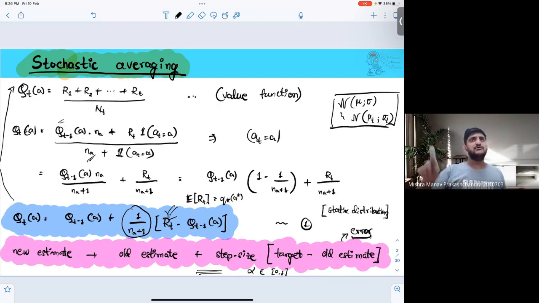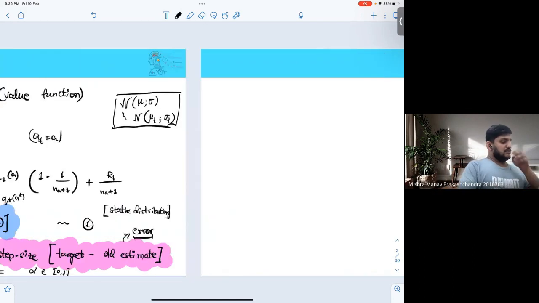So the most recent arm pull gets a weight of alpha, the second most recent arm pull gets a weight of alpha square, alpha cube, and so on. Since alpha is between 0 and 1, it's actually a decaying quantity. It will eventually converge. So this is all about stochastic averaging.